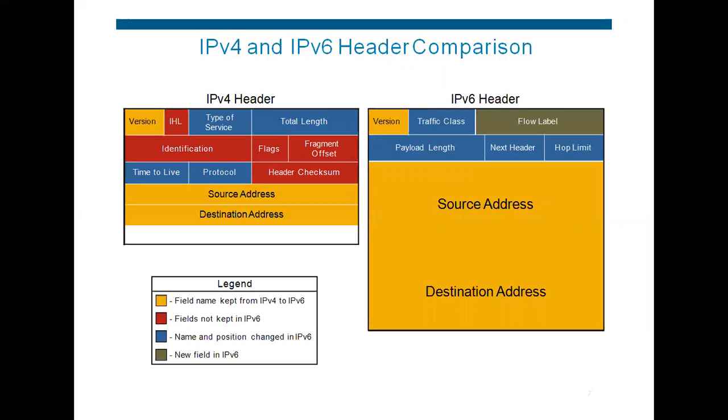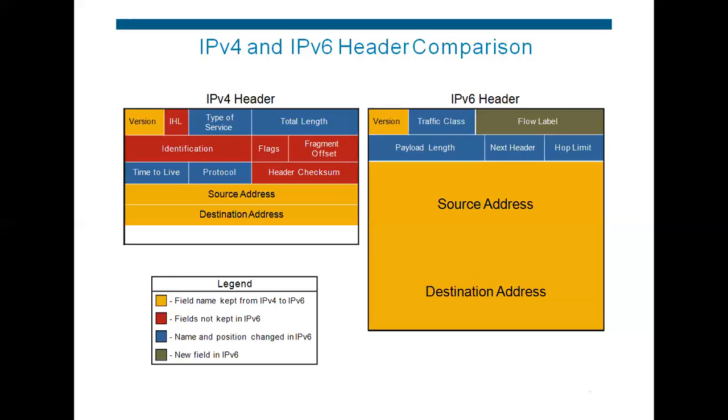Then one more field, protocol, which denotes the upper layer protocol. Here in IP version 6, its name is changed to next header. If you are attaching an additional header, it will denote the next header, which header you are attaching with that. And time to live, hop limit. The thing is the same, hop limit. That means up to how many hops this packet can cross.